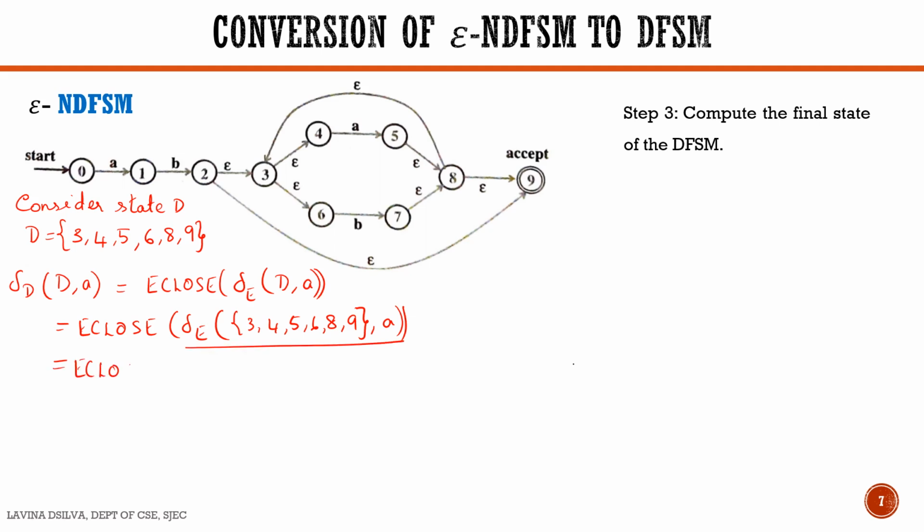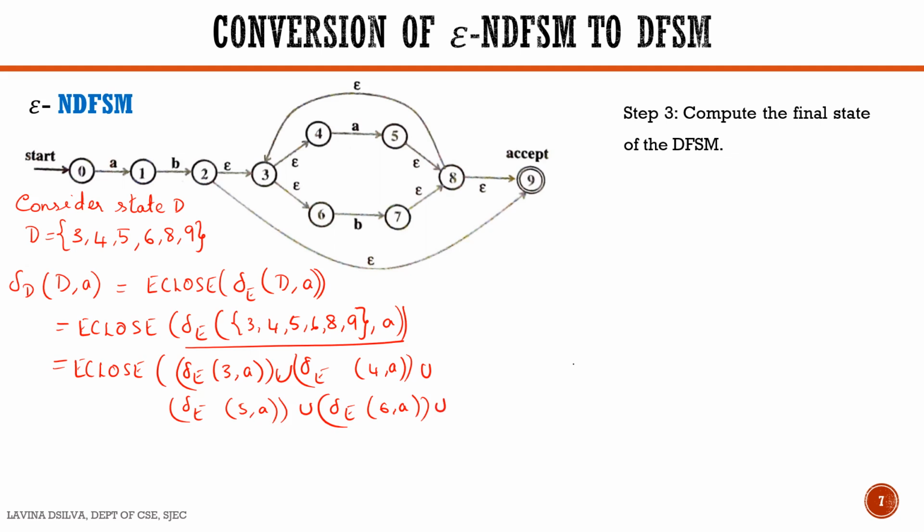Therefore, E close of delta E 3 comma A, union delta E 4 comma A, union delta E 5 comma A, union delta E 6 comma A, union delta E 8 comma A, union delta E 9 comma A.